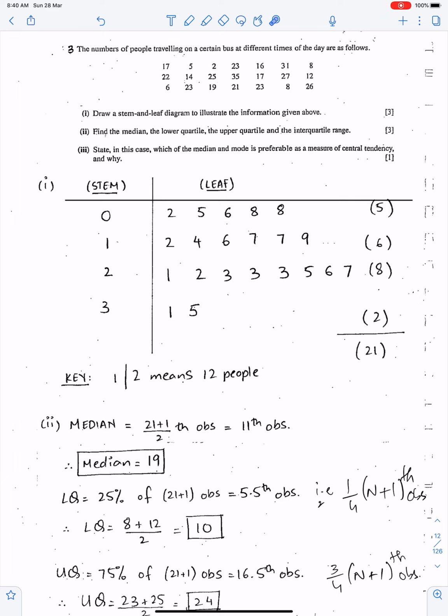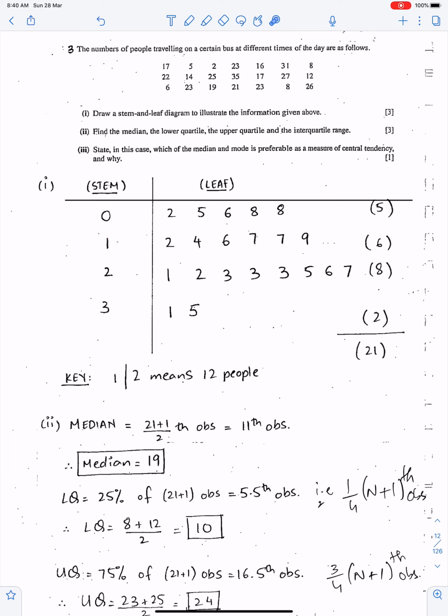You know how to draw the stem plot, so you can do this yourself. This should be in ascending order, and you have to write the key. Here we have the number of people traveling on a certain bus, so this is the key, number of people, the unit for the key. So 1/2 means 12 people.